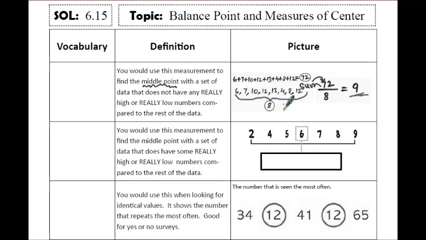So 8 is the number of numbers that we have, and that's what we are going to divide the 72 by. That's going to be in our denominator because fraction means division. So 72 divided by 8 is 9, and 9 is the mean of this data.